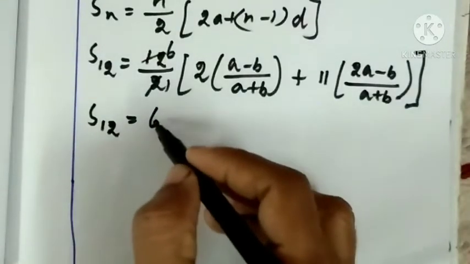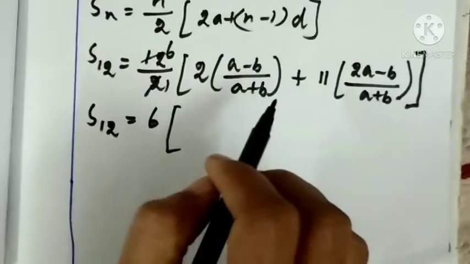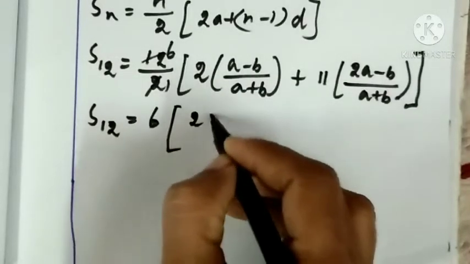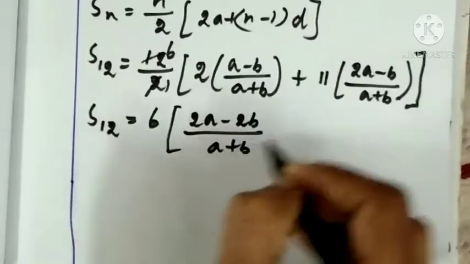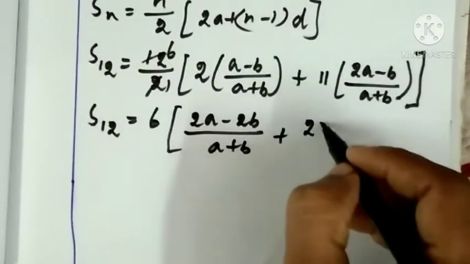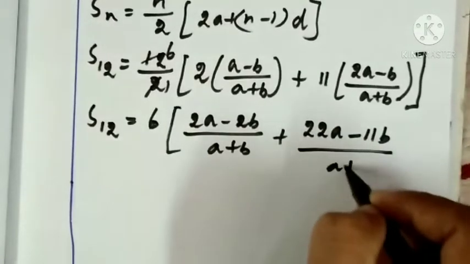So 6 into 2a minus 2b by a plus b plus 22a minus 11b by a plus b.